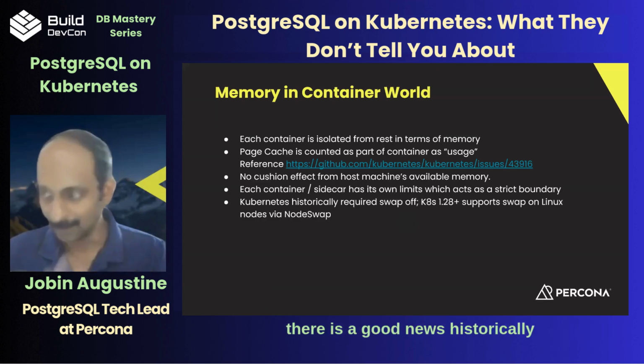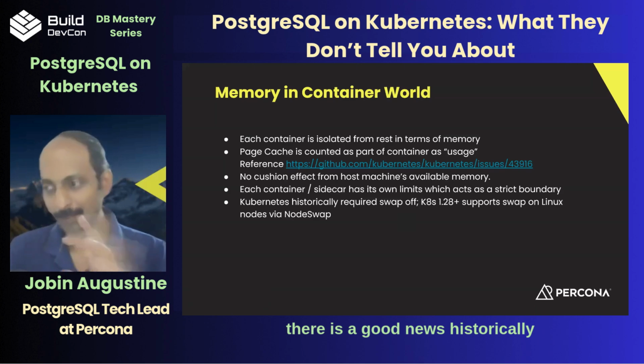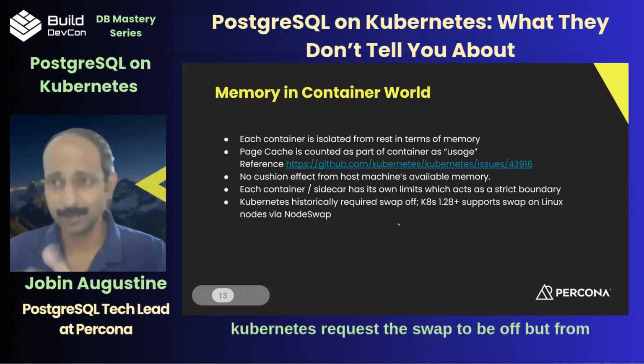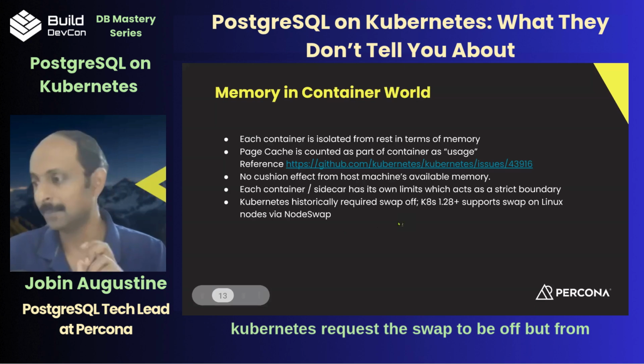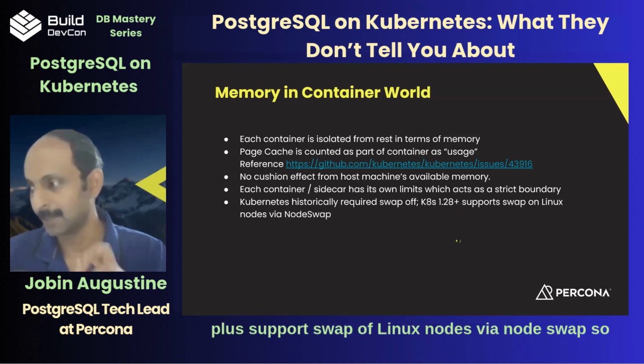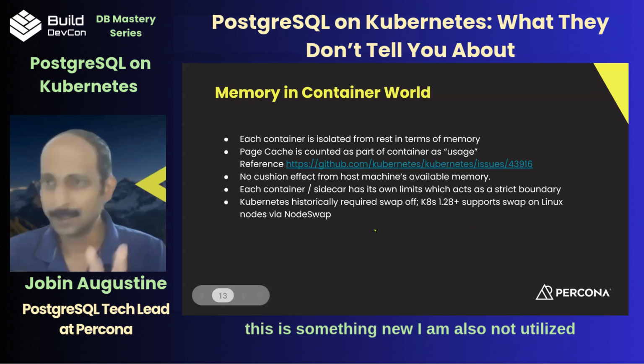And there is good news. Historically, Kubernetes required swap to be off, but Kubernetes 1.28 plus supports swap on Linux nodes via node swap. So this is something new.